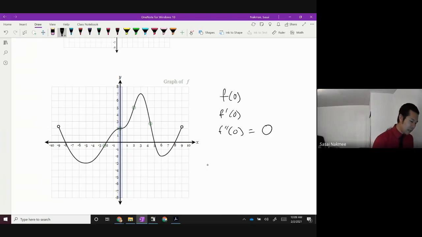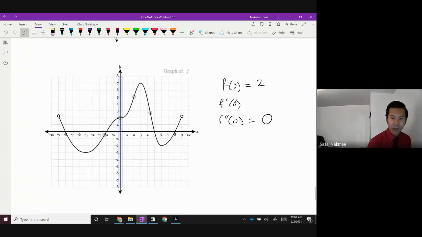Green dot means a point of inflection, meaning it's going to be changing from concave up to concave down. Second thing, what can you tell me about the function value itself at x equals 0? Can you see that it's going to equal 2 right there? Yeah, Monica, that's right. It is equal to 2.